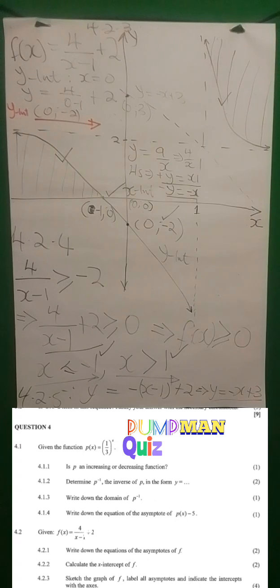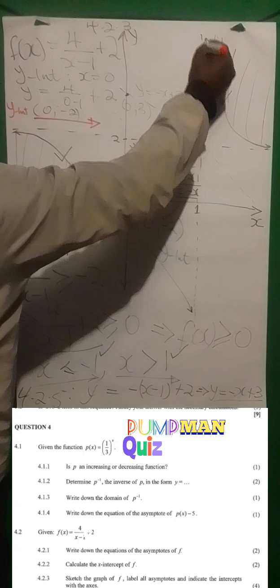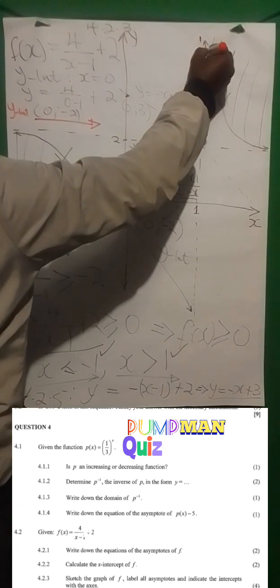So before I draw my hyperbolic function graph, I first have to draw the lines of asymptotes. We determined them previously. We say the line of x is equal to 1. Where x is equal to 1, we are going to draw a vertical line, right?